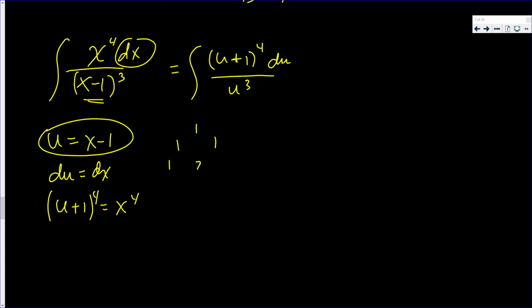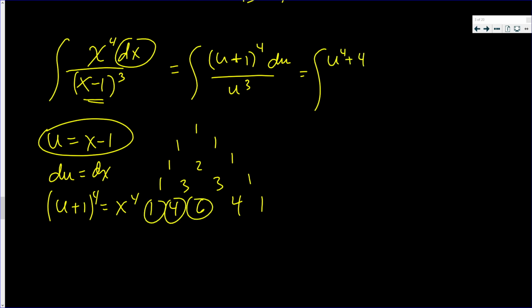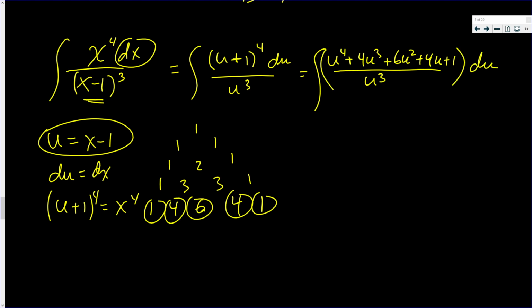So now you need to expand u plus 1 to the fourth. And I think using Pascal's triangle would be helpful. 1, 4, 6, 4, 1. This numerator is going to be 1u to the fourth plus, using those 5 numbers as the coefficients, 4u cubed plus 6u squared plus 4u plus 1, all divided by u cubed du.